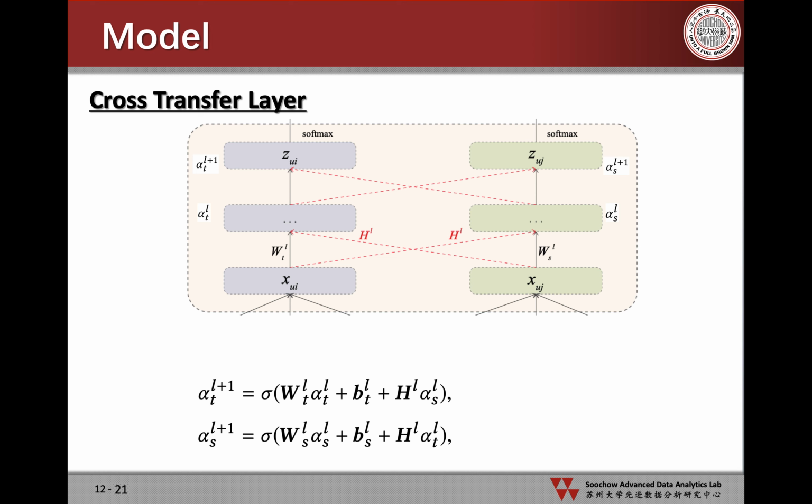One is from the transform gate controlled by the weight matrix W, and another is from the transfer gate controlled by the relation matrix H. This way, knowledge transfer happens in two directions, from the source domain to the target domain and from the target domain to the source domain, which can enable thorough knowledge transfer across domains and let them benefit from each other.